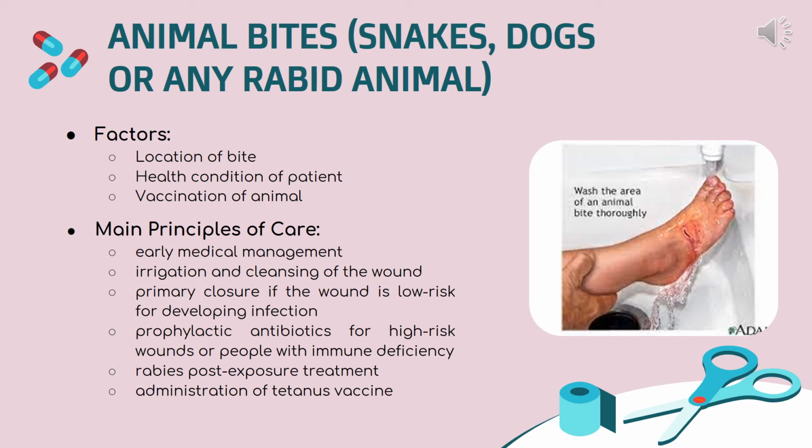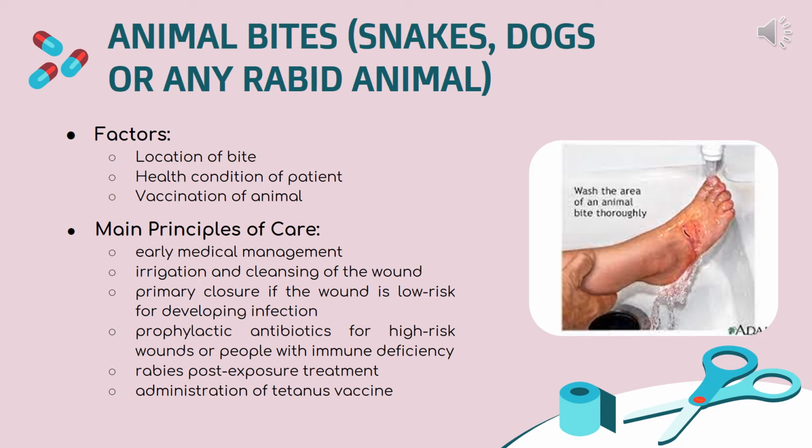Now, the main principles of care include early medical management, how fast the wound was tended to by professionals, irrigation and cleansing of the wound, which is important because irrigation can help clean the wound while avoiding trauma to the wound bed while minimizing the risk of driving bacteria further into the wound bed.